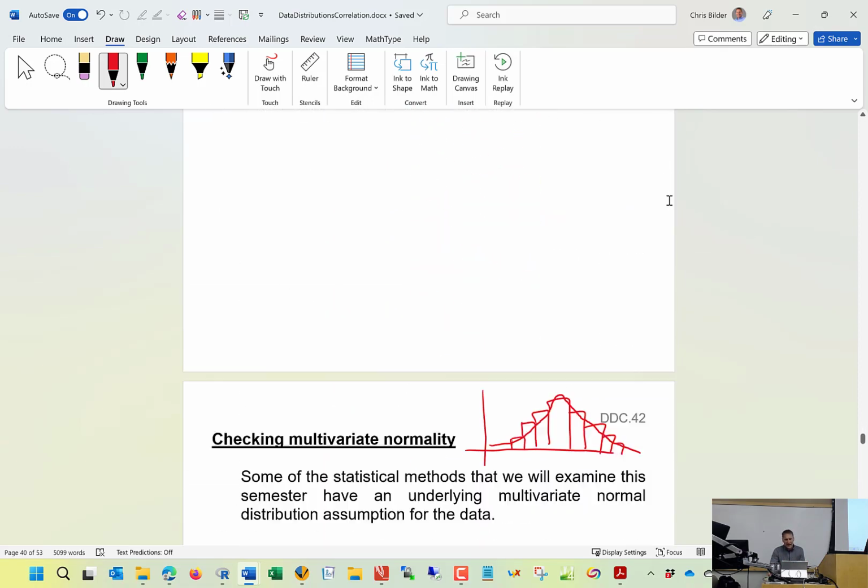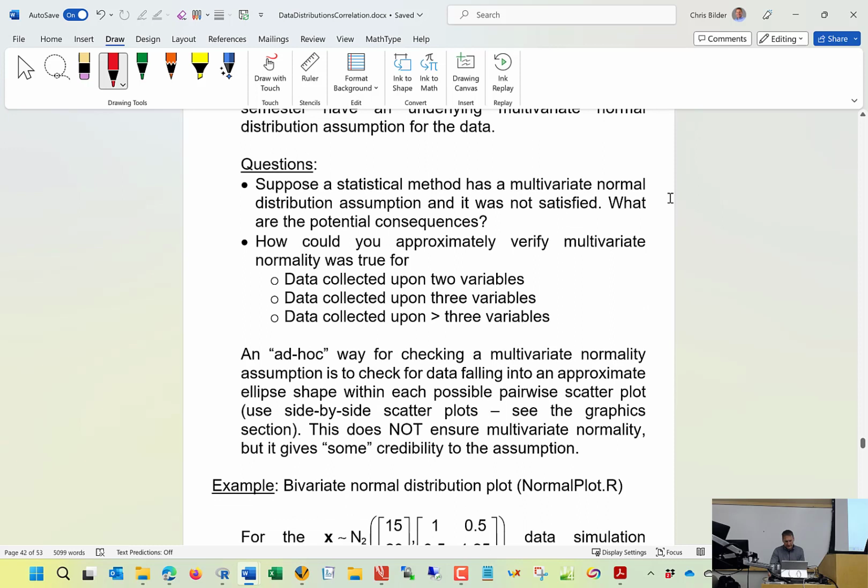So an ad hoc way to do this is to do all possible pairwise scatter plots of your variables and check whether the points fall in an ellipse kind of shape. It's not perfect, but that's an approach that can be used.